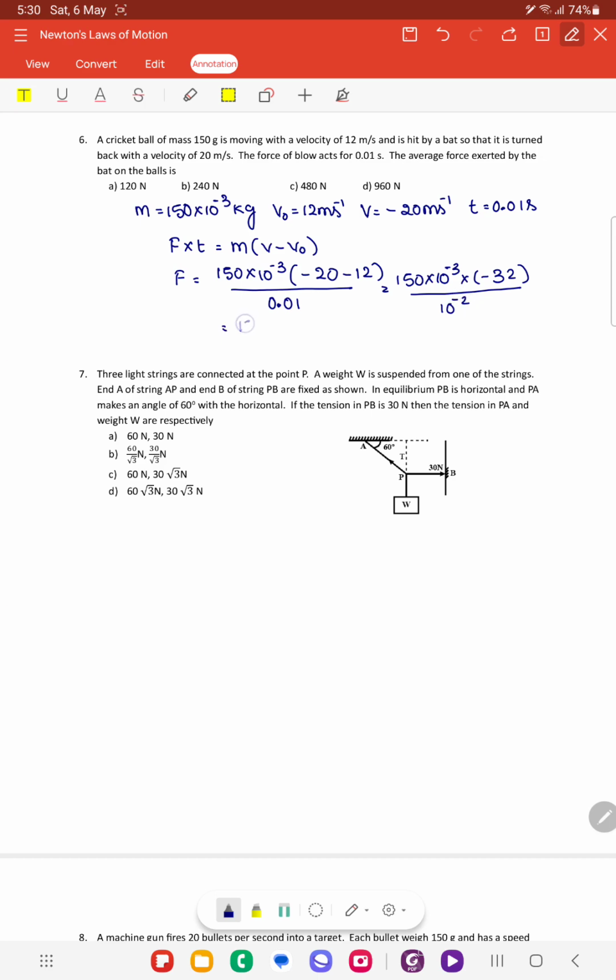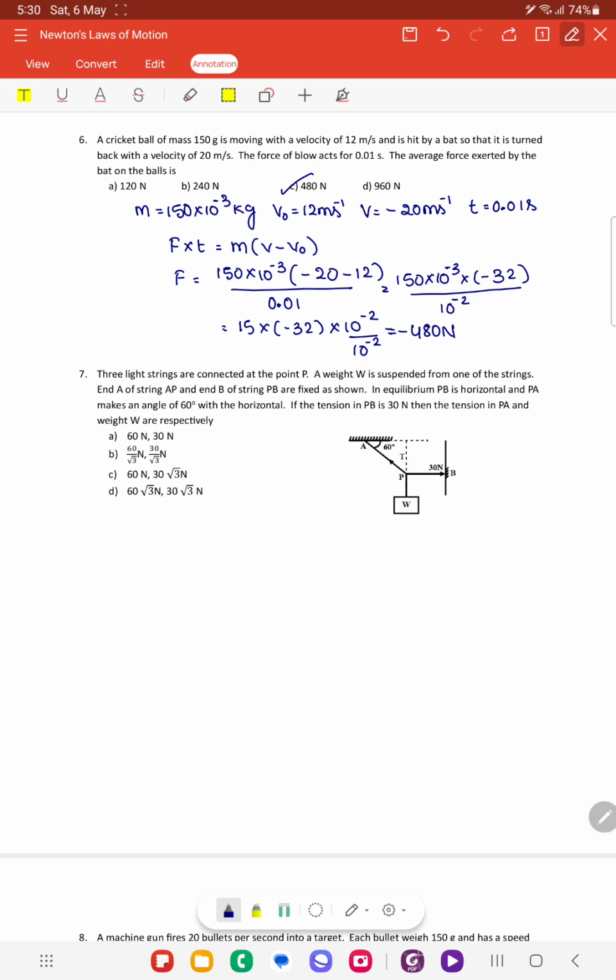So this is 15 into 32 into 10 raised to minus 2 by 10 raised to minus 2. 15 into 32 is 480 Newton, so minus 480 Newton. So the magnitude of the force is 480 Newton. So option C is the right answer.